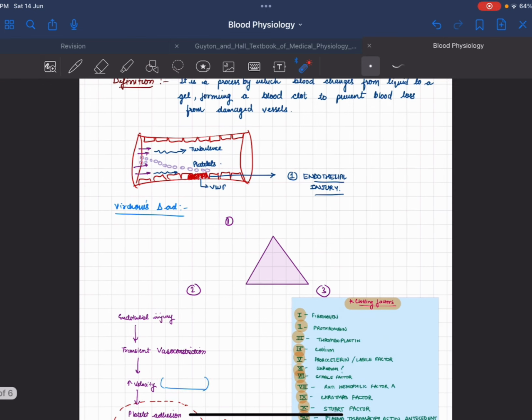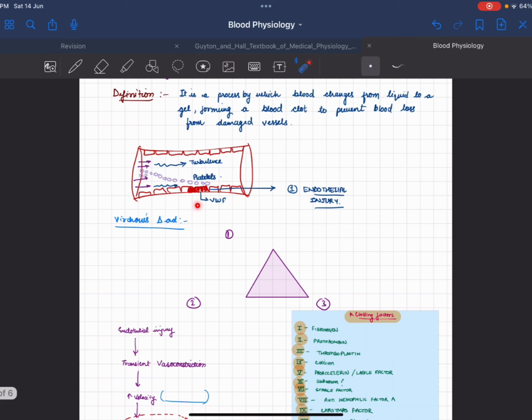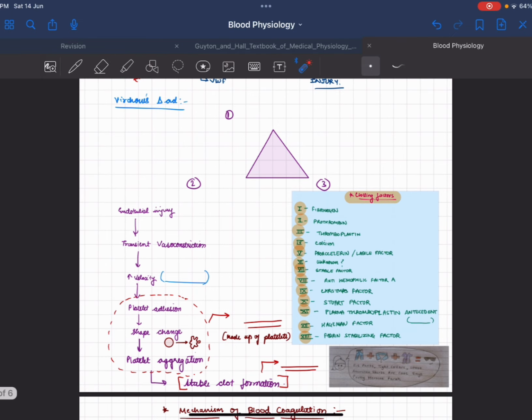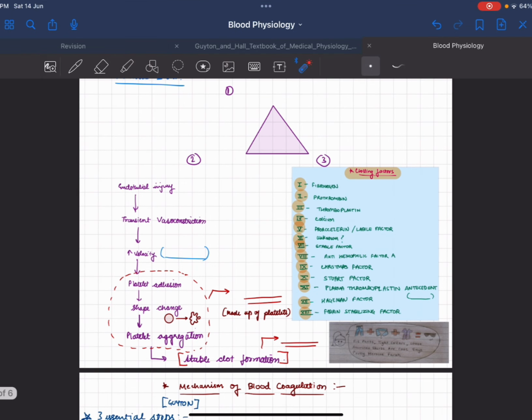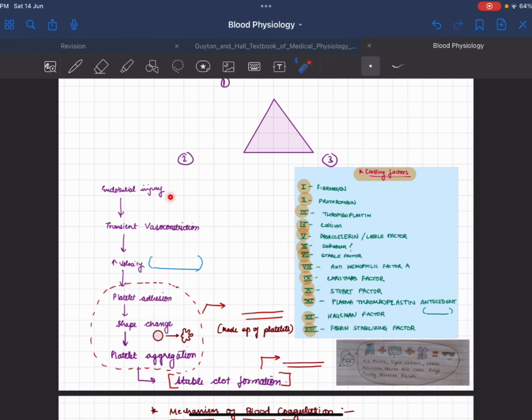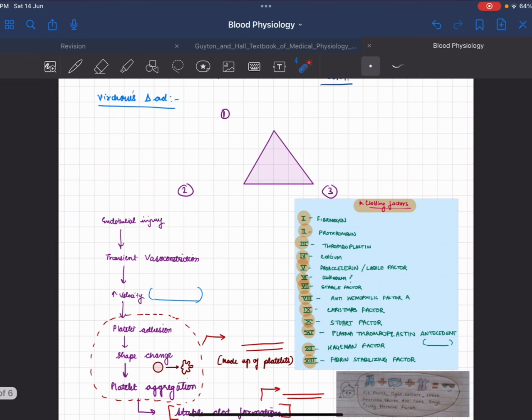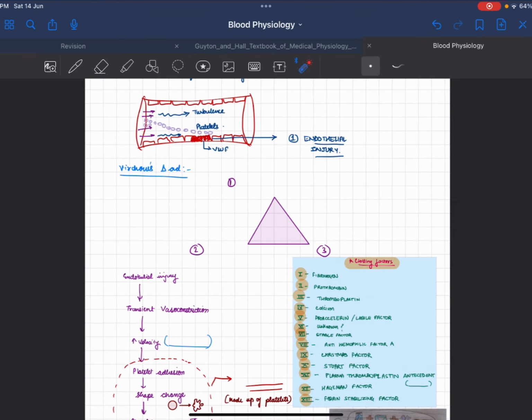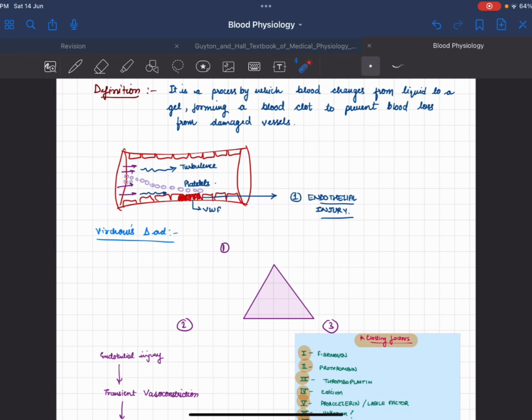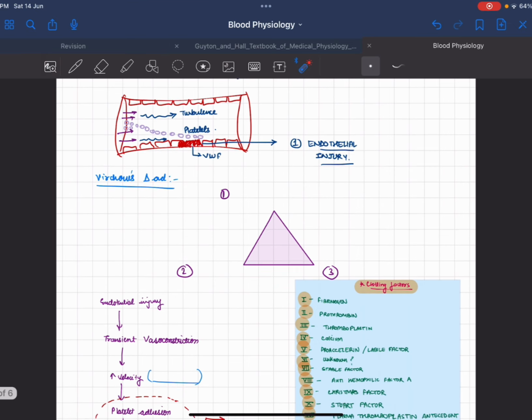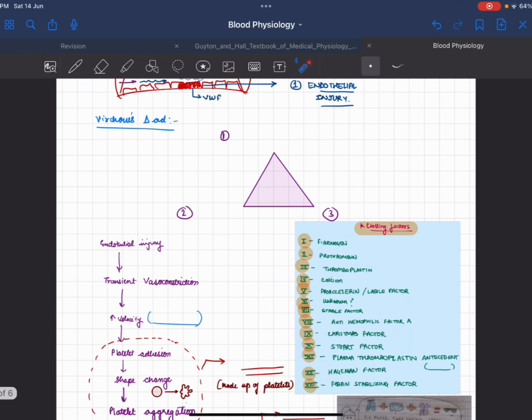Okay, so if we look, this is a blood vessel, and in this there is an endothelial injury present. So, if we read this flow chart, we can see that there is an endothelial injury which will lead to a transient vasoconstriction, which will further lead to increased velocity.